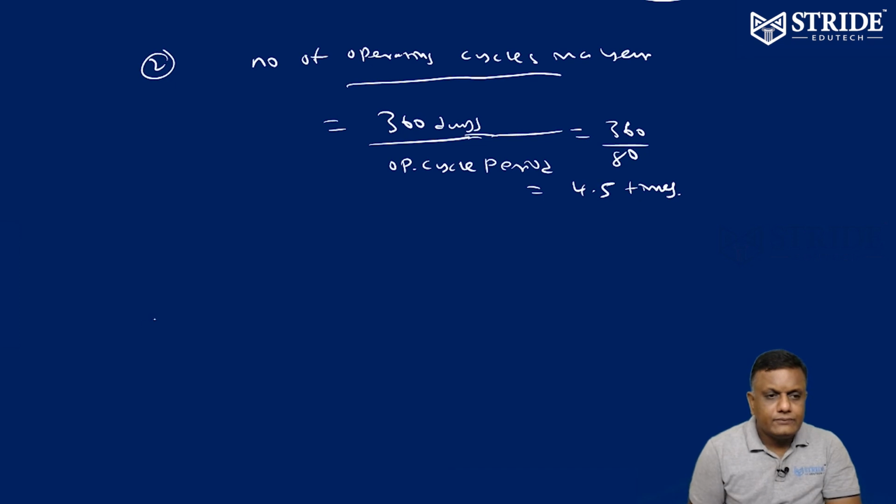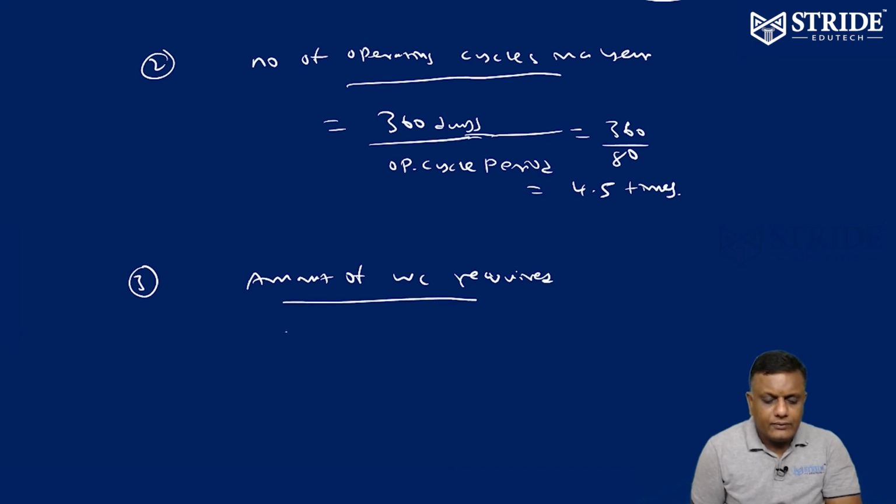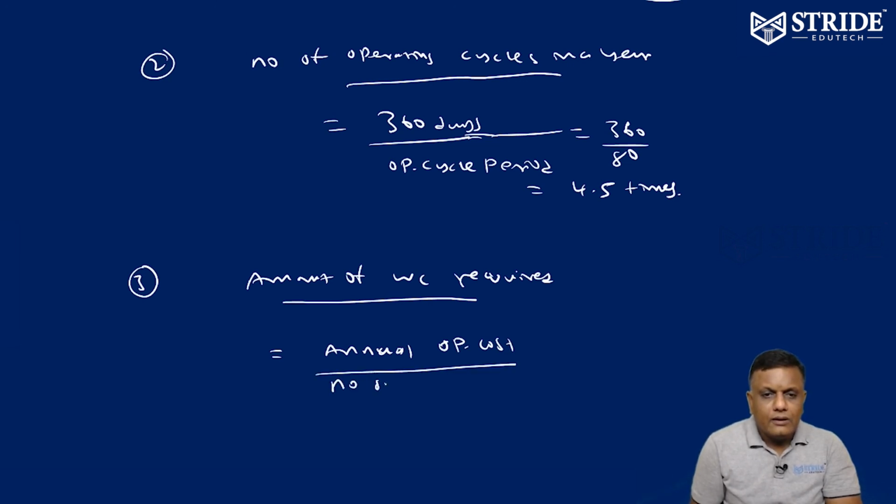Number 3, amount of working capital required. That is equivalent to annual operating cost by number of operating cycles.